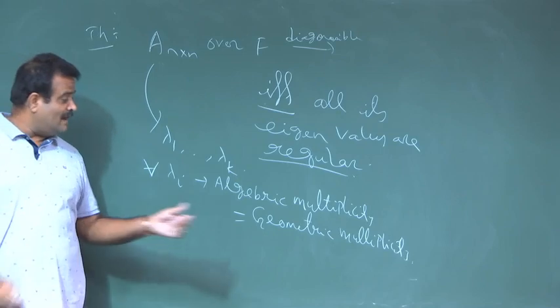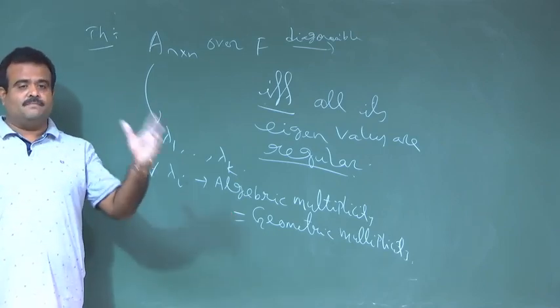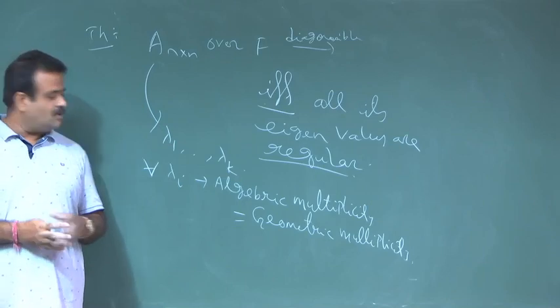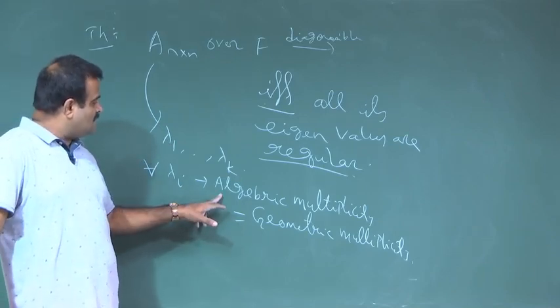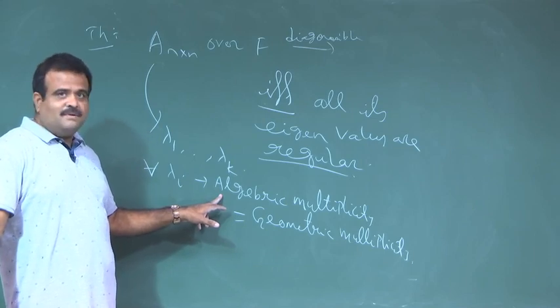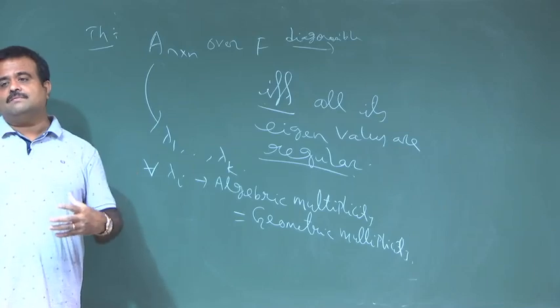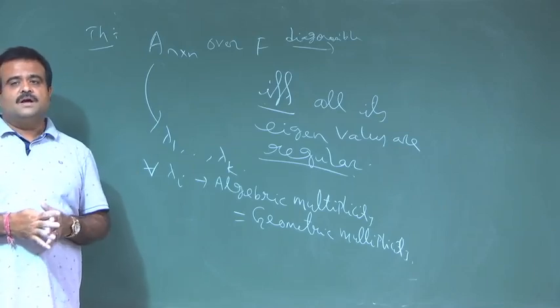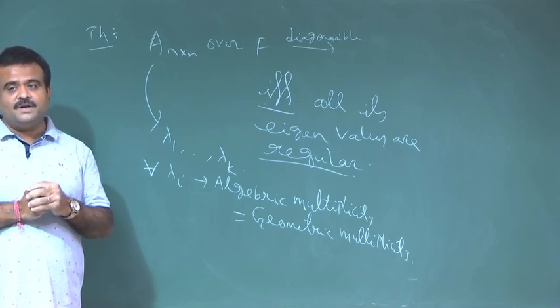That means the number of linearly independent vectors in that set. If the number of linearly independent vectors in that set is the same as the algebraic multiplicity, then if we combine all the eigenvalues, we have n such linearly independent eigenvectors.